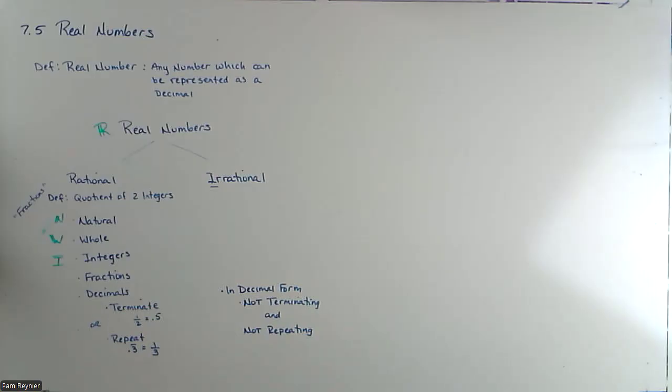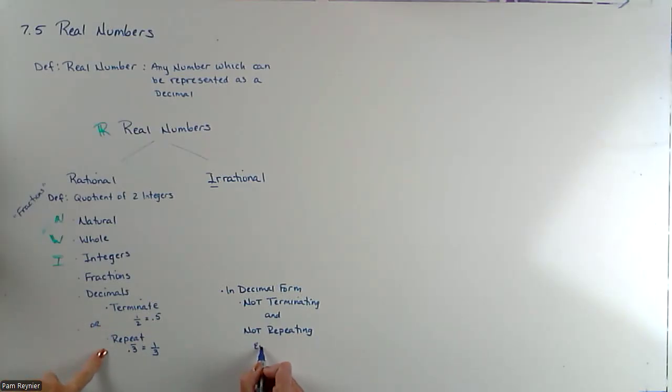So what kind of decimal is not terminating, not repeating? Well, I guarantee if we were together, I could show you that you can already come up with 20 irrational numbers. You just may not recognize that you know what they are. So I'll show you here in just a minute. But some examples that you might be familiar with, not terminating, not repeating.